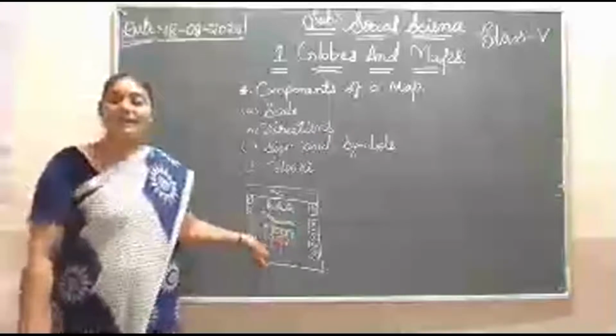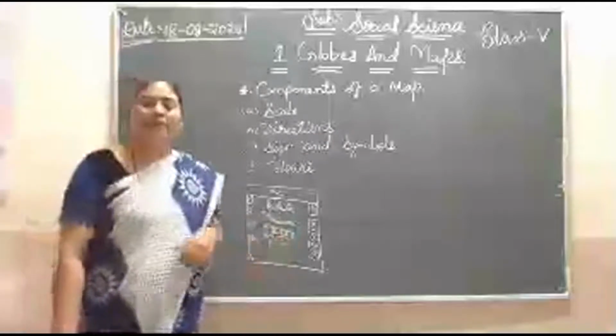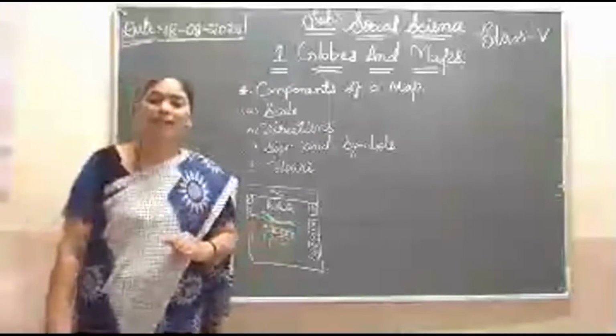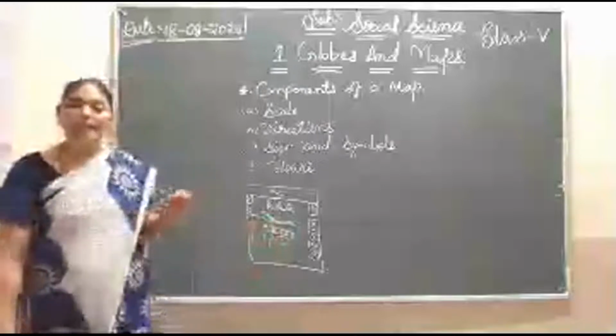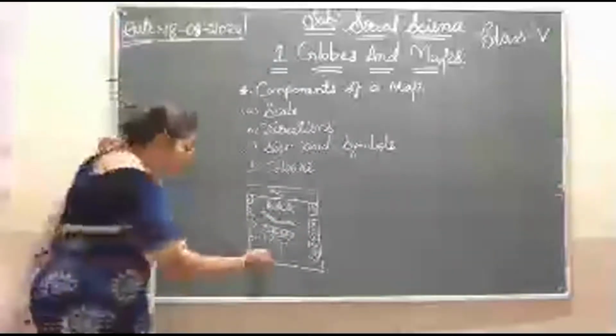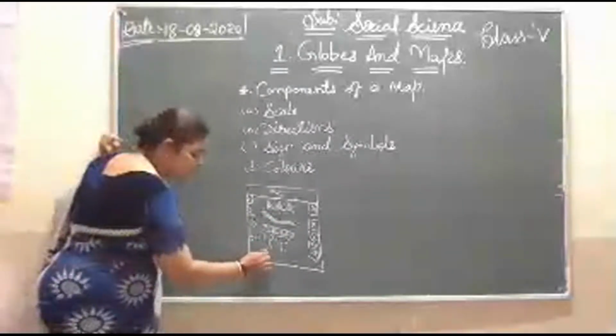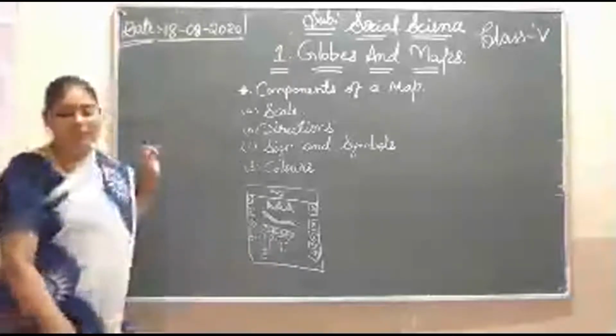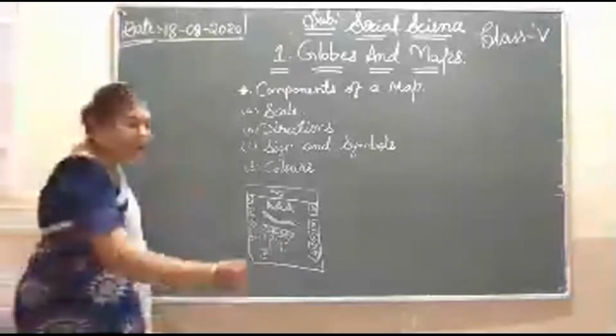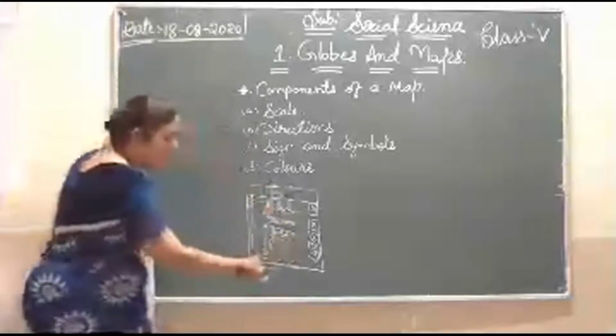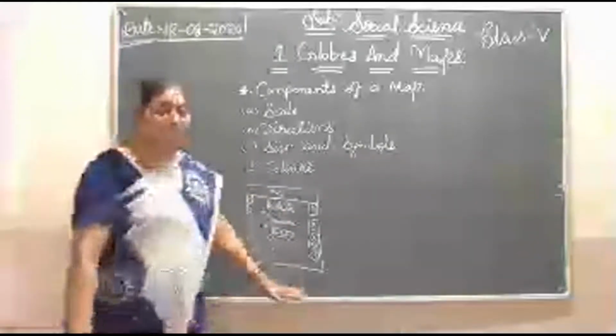And if you are seeing the green trees like this, then we can know this area is covered by forest. And again capital city means they are showing this way, it means capital city. Then again highway, many others are coming here. I am showing this much only.